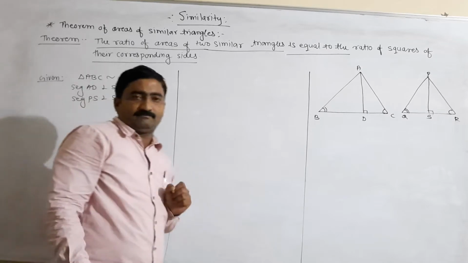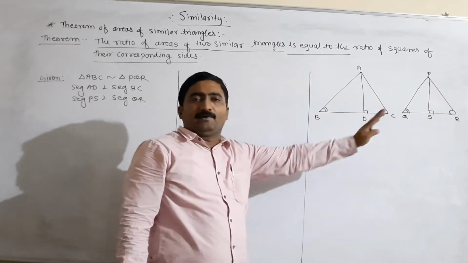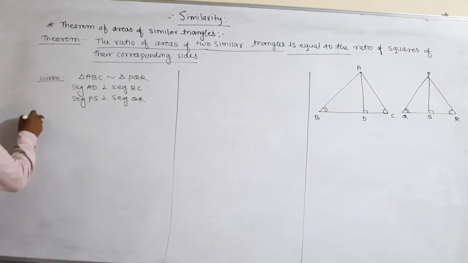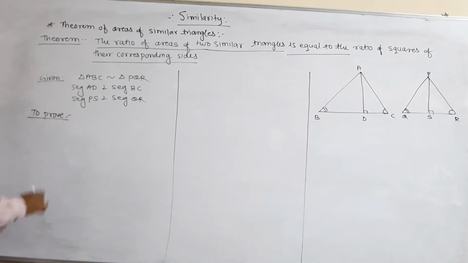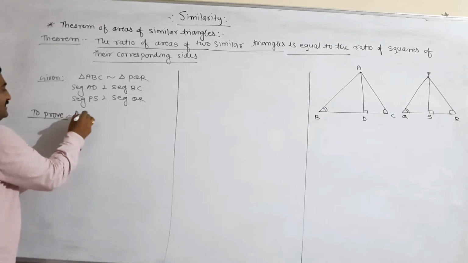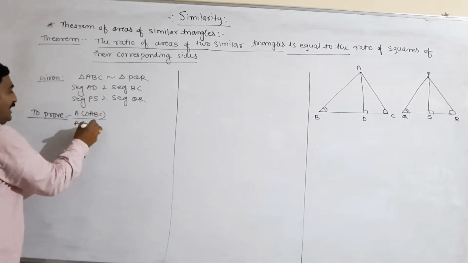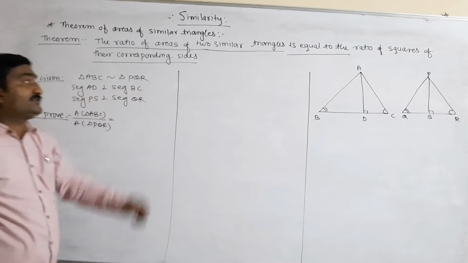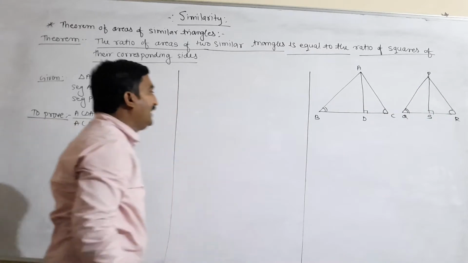It is given. And we know that when perpendiculars are given, there is a right angle triangle. We have to prove that the ratio of areas of the two triangles, area of triangle ABC divided by area of triangle PQR, equals the ratio of squares of their corresponding sides.